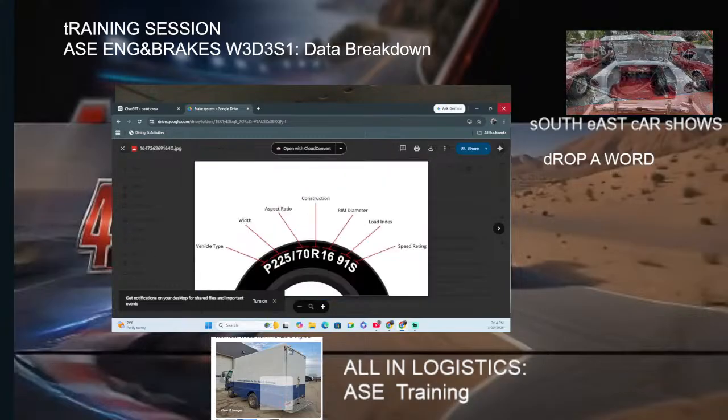Okay, so for the vehicle type, when we are referring to the numbers on the side walls of the tire, the first letter indicates the type of vehicle.